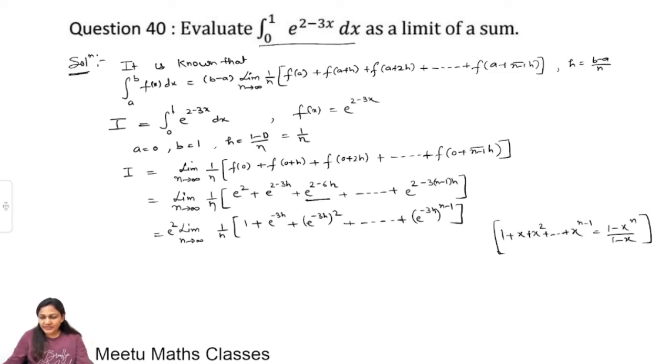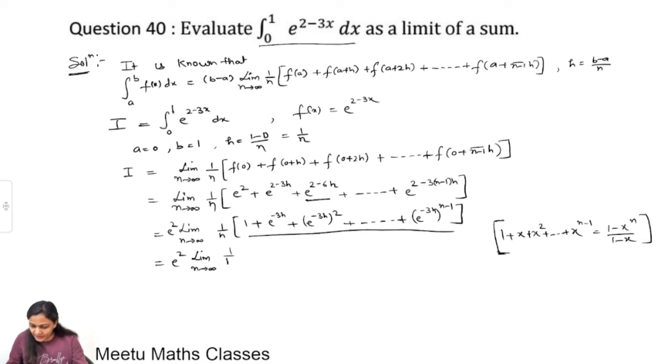So using this formula, we have done this in sequences and series, we can write our function, this sequence, as 1 upon n, and this will become 1 minus e raised to power minus 3h raised to power n upon 1 minus e raised to power minus 3h.